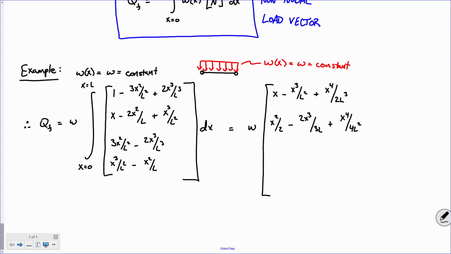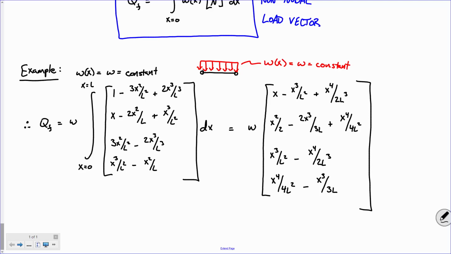Okay, the next one, what do we have? 3x squared, so that's x cubed over 3, so x cubed over L squared minus 2x to the fourth over 2L cubed, and then x to the fourth over 4L squared minus x to the third over 3L. Is that a fair statement?